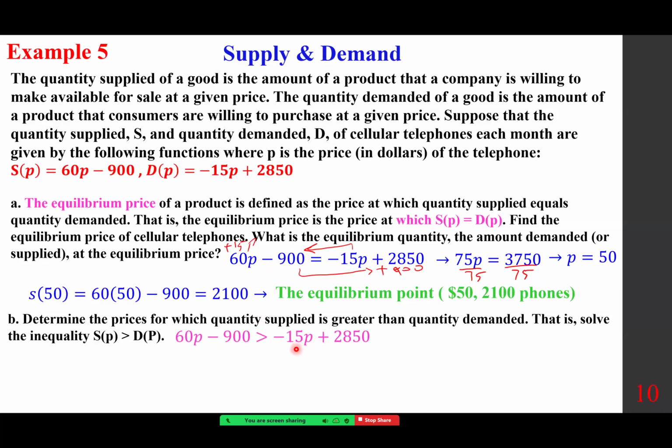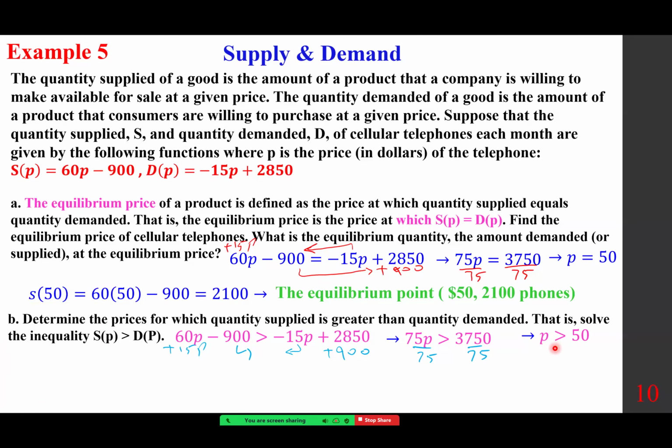So move this one this way, this one that way, meaning this becomes plus 15, this becomes plus 900. You get the same answer, 75p larger than 3750, divided by 75. You get the same answer, 50, but it's an inequality.